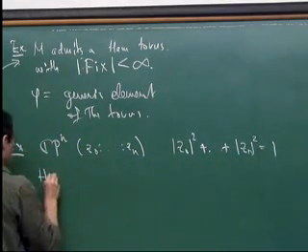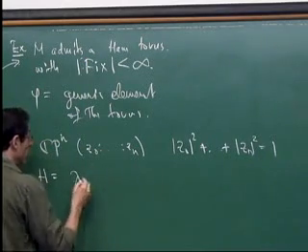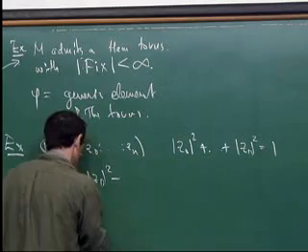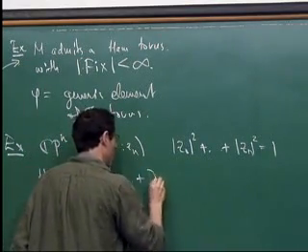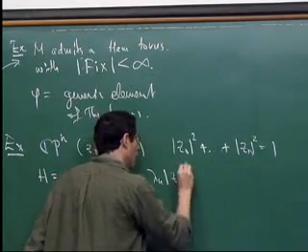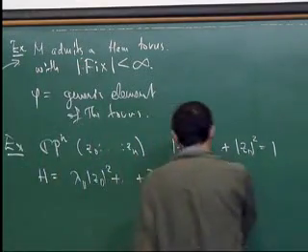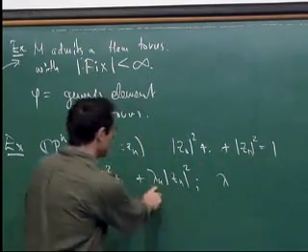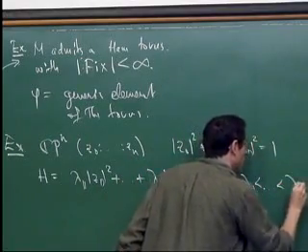Let's take the Hamiltonian equal to any quadratic form, and the only constraint is that all eigenvalues of the quadratic form are distinct.